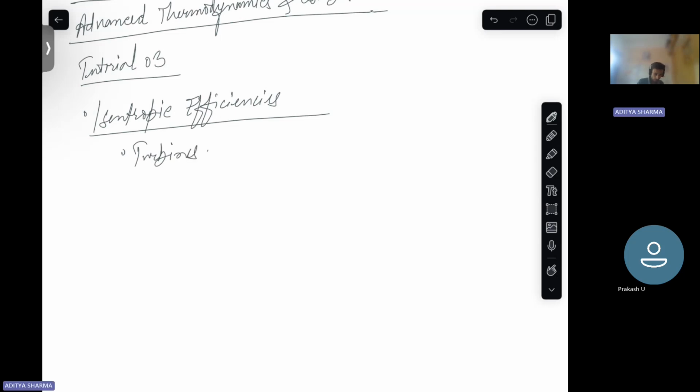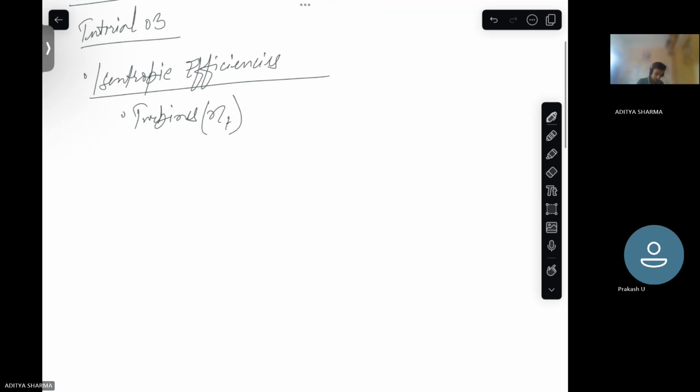Anywhere you feel that you have some doubt, you can just let me know. For turbines, first I'll draw a quick diagram. This is an h-s diagram, which is also known as Mollier's diagram. We have studied this in the previous session.